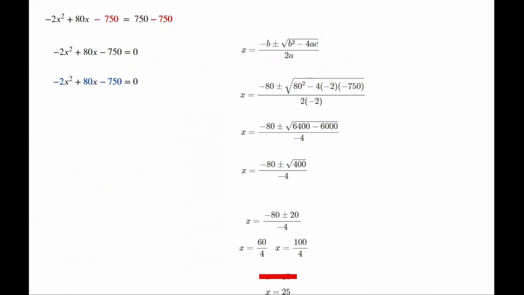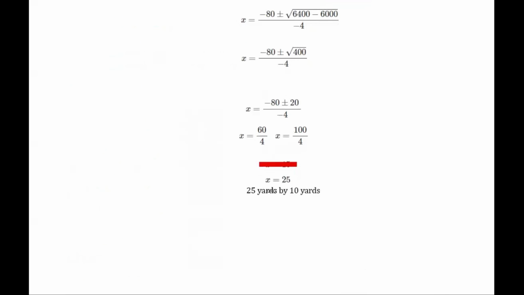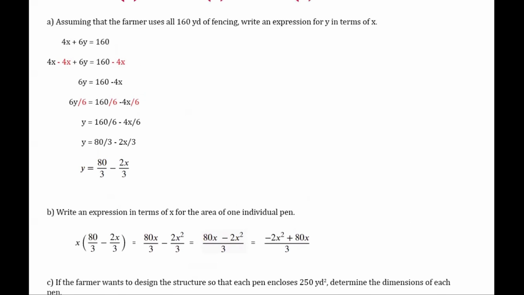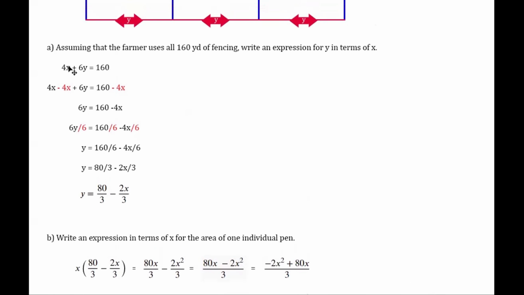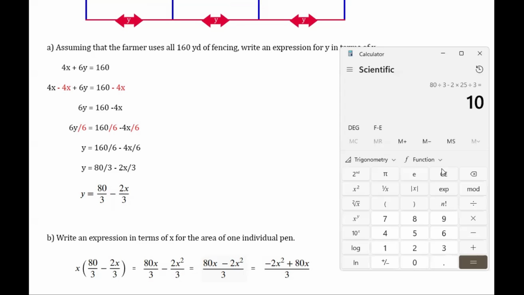Well, if we decided that x is 25 and y is 10, if we replace x with 25 and y with 10, does it balance out? Do we get 160? Let's try it. Replace the x with 25 and the y with 10. Will it equal 160? It does.